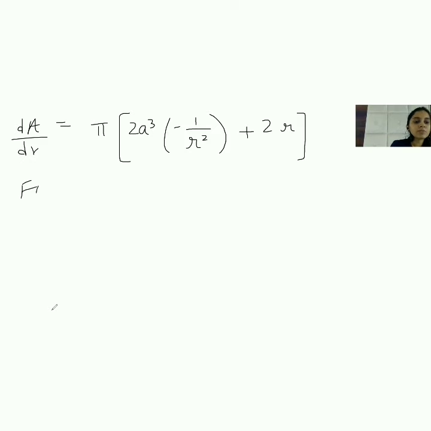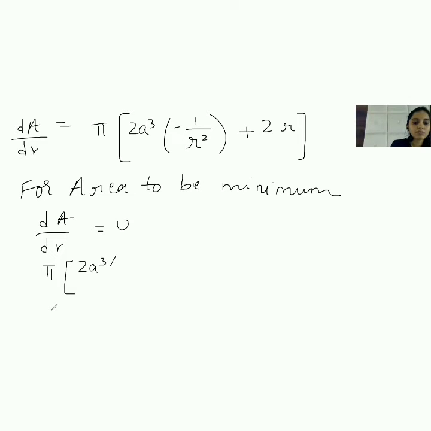For area to be minimum, what will we say? dA by dr should be 0. So we'll equate this as pi times 2a cube minus 1 upon r square plus 2r equal to 0.